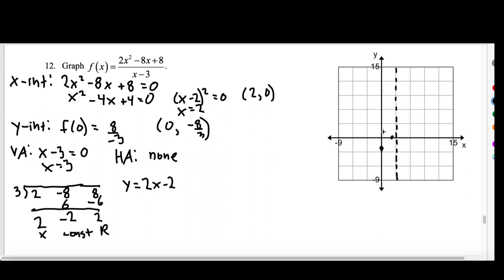So if I were to graph that, it's going to intersect the y-axis at about 0, -2, which is right about here. Slope is up 2 over 1, about here, something like that. So this is not perfect, but the slant asymptote is going to look something like that, okay?